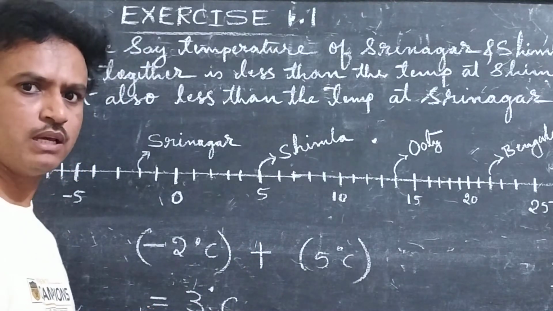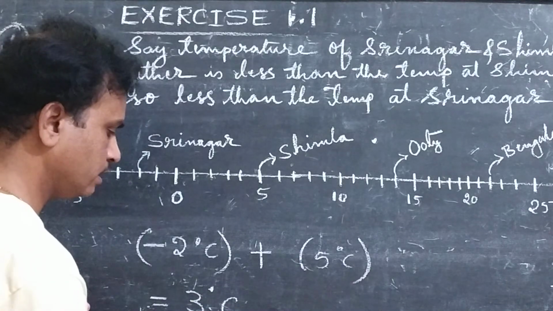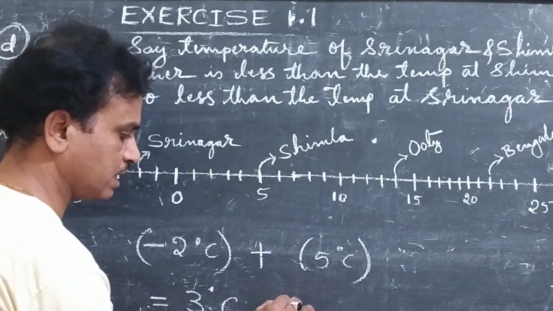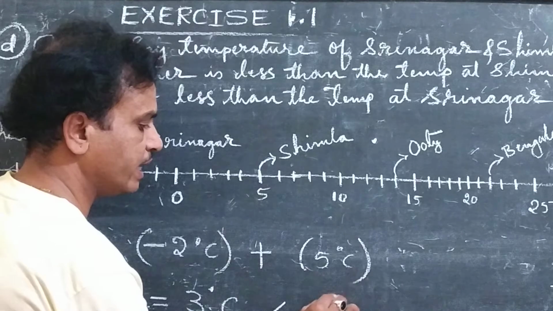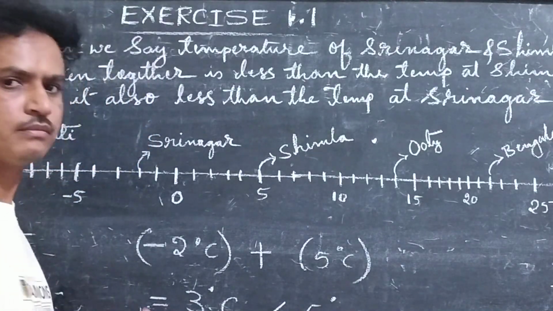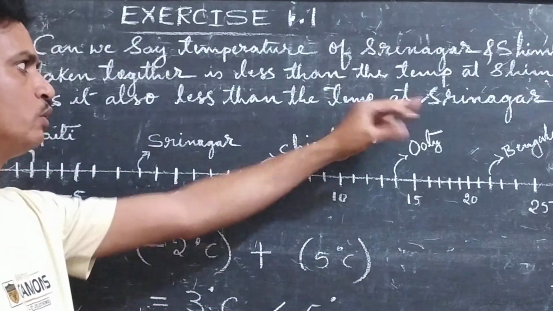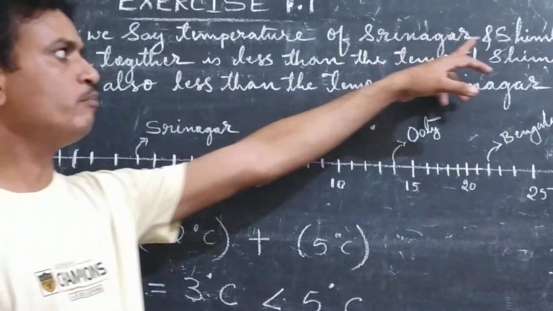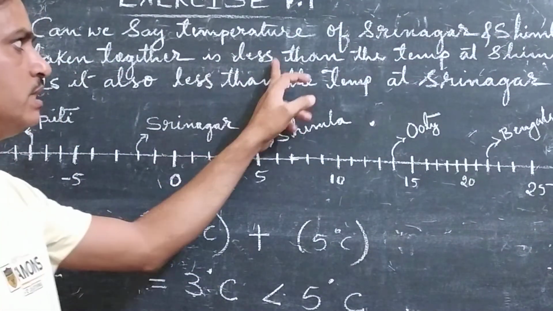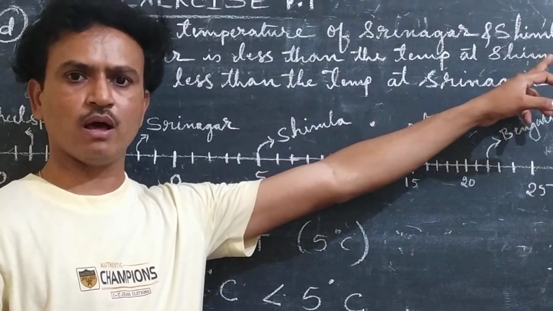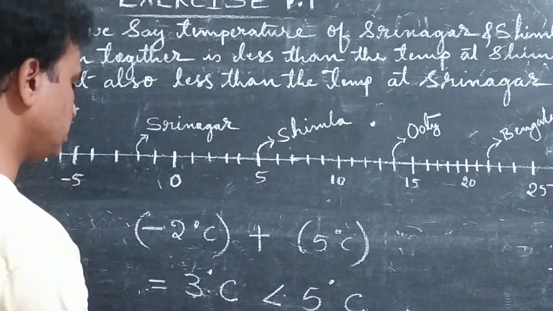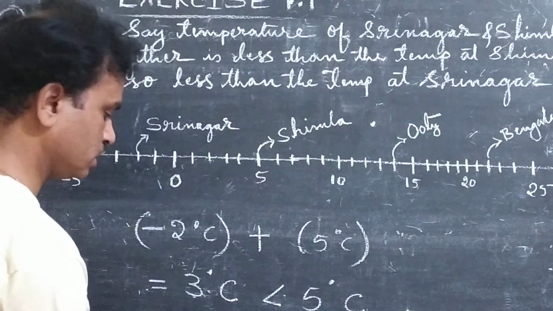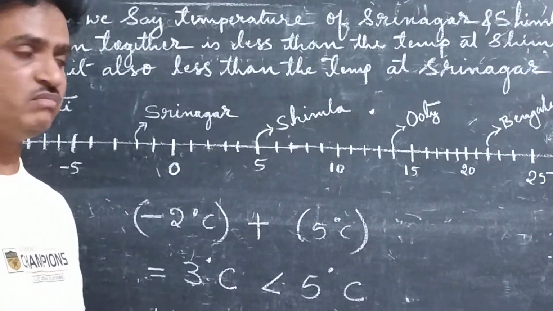We can say 3 degrees Celsius is less than 5 degrees Celsius. So according to this question, yes: when we add both places' temperatures, it is less than the temperature at Simla. This point is over.